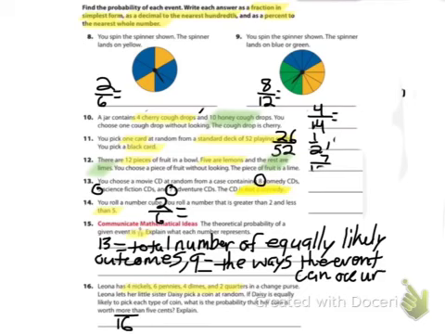Now, we want to know how many are worth more than 5 cents. So nickels and pennies are out. We only have dimes and quarters. So that is 6 out of 16. We can simplify that to 3 out of 8. So the event is choosing a dime or a quarter, and 6 of the 16 coins are dimes or quarters.